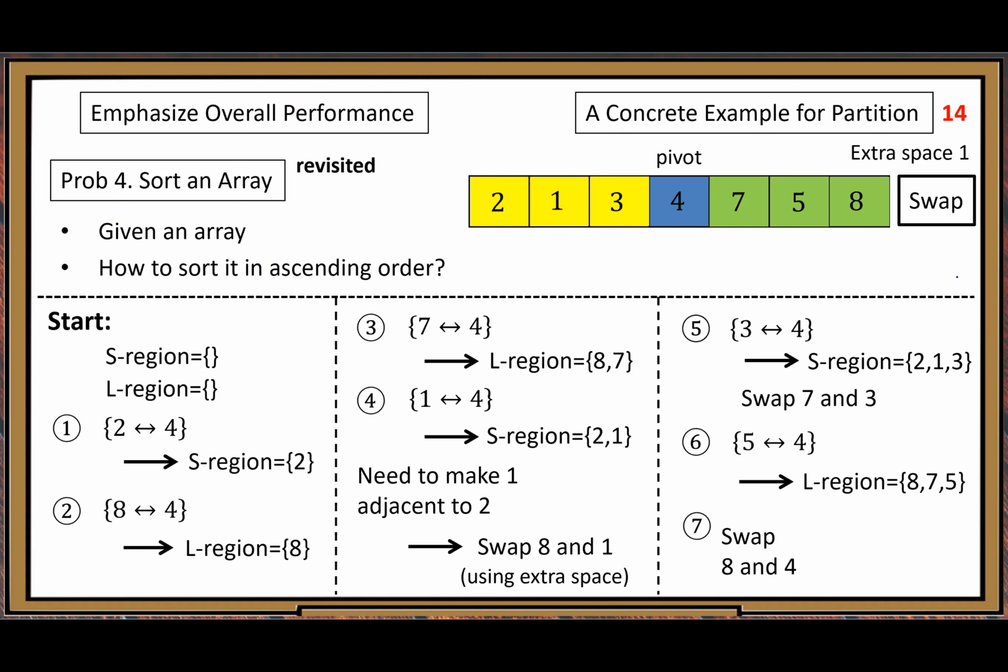Then all the elements in the left subarray are less than or equal to 4, and all the elements in the right subarray are greater than 4. With this property, the combine step is trivial, right?